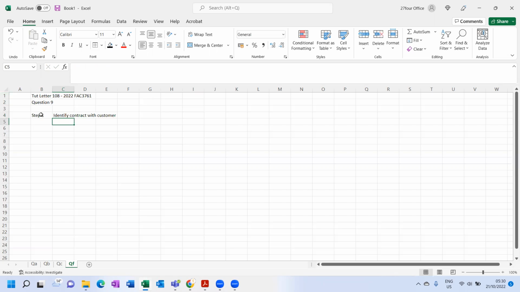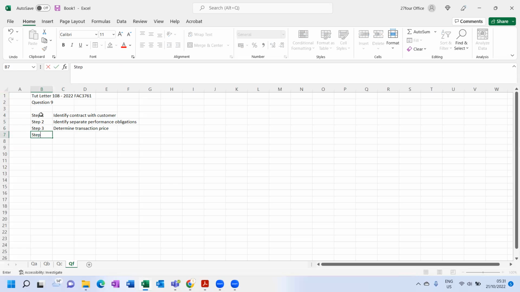I'm not going to go into all the details, but basically step number 2 is identify separate performance obligations. Step number 3, determine transaction price.